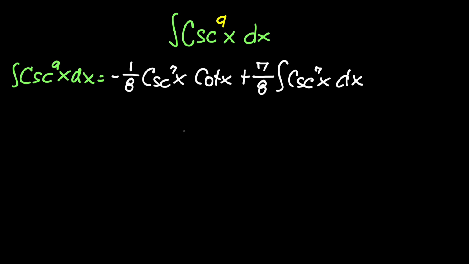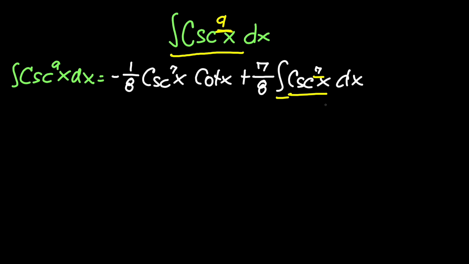Now we are nearing the end. As I had said earlier, for the first part, it has already been simplified, so no need to pay attention to that. And let's just put attention on the second part. You can see here, we had an integral of cosecant to the power of 7 of x. It is similar to our original problem because it is also an integral of cosecant, and both have an odd exponent.